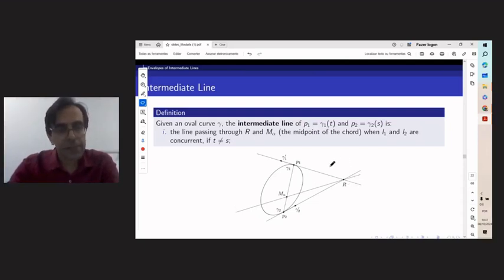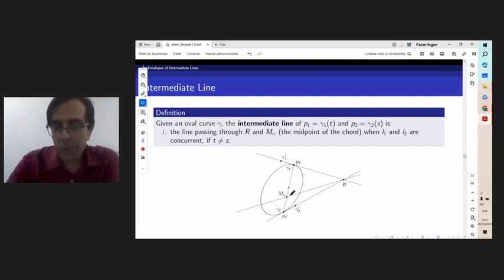In the first case, the midline was through this point, the midpoint. Instead of this point, now we take a different point, which we call M alpha in this segment.